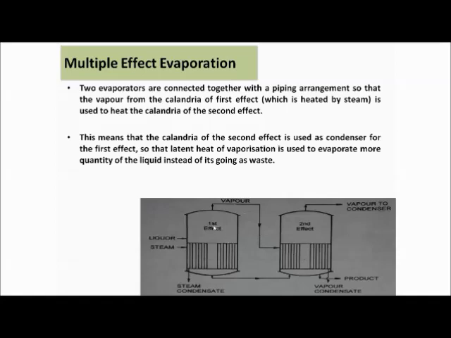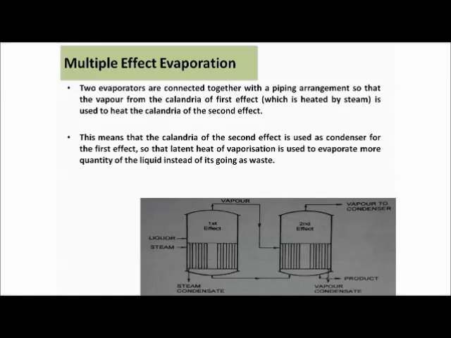It will act as a condenser for this firstly produced vapor. Whatever vapor it has produced in the first chamber will move to the second chamber, and once it enters the tubes here, it will act as a condenser for the vapor which is produced in the first one, right? So that the latent heat, we all know that the latent heat is the efficient heat.